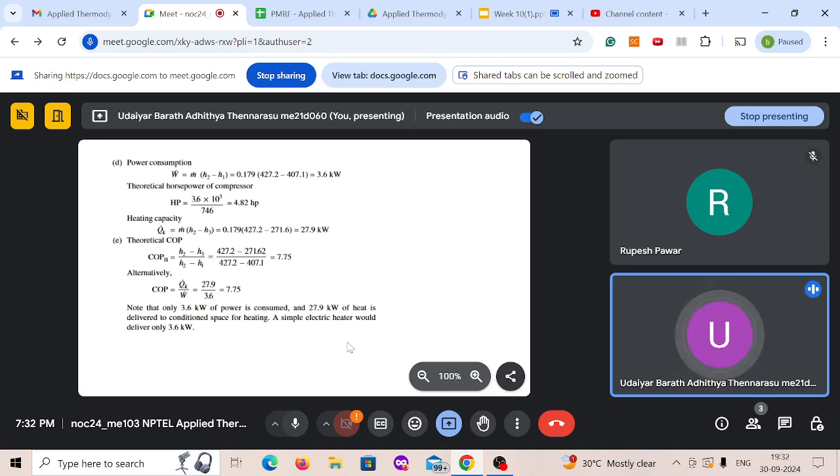So M into H2 minus H3 is 27.9 kilowatt, and COP in this case will be the condenser heating capacity per unit refrigerant mass divided by the work done per unit refrigerant mass. We have already found out the Q and W, so COP is Q by W, which will give you 7.75. See, both are the same.